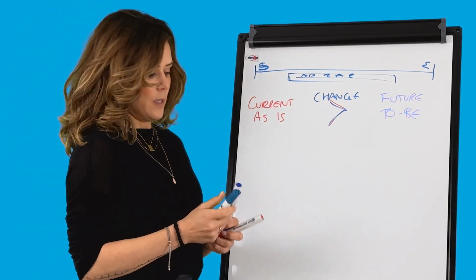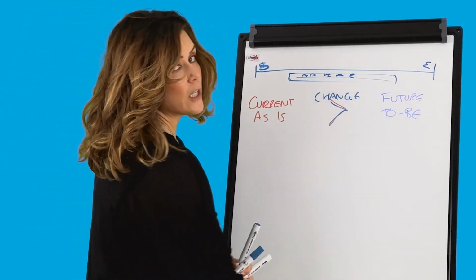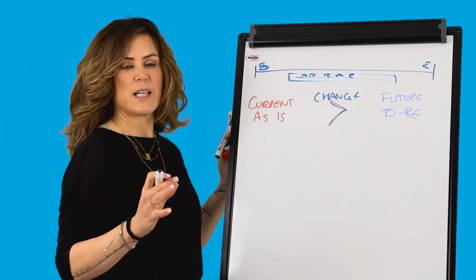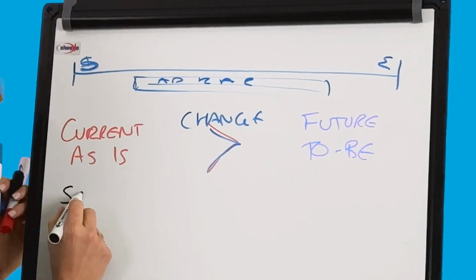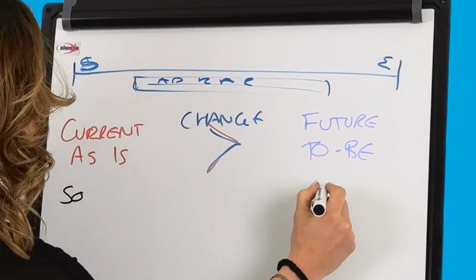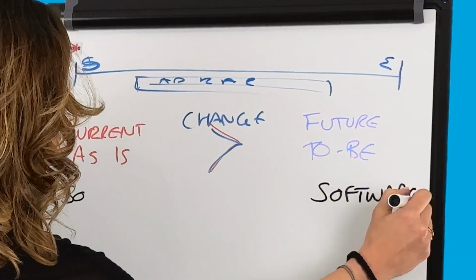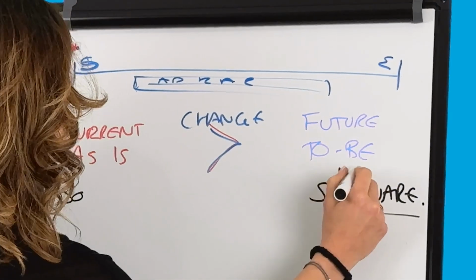So in this scenario, we're going to talk about an organisation that's going to roll out a new piece of software. I'm not going to get into the technicalities of which kind of software, but they are essentially going to be implementing new software.